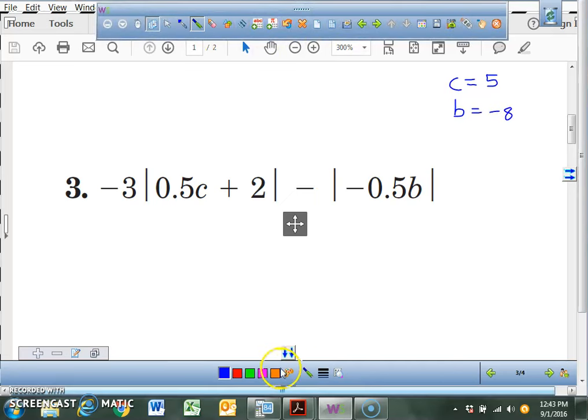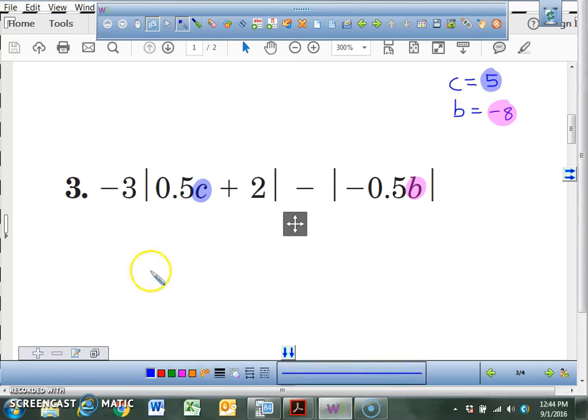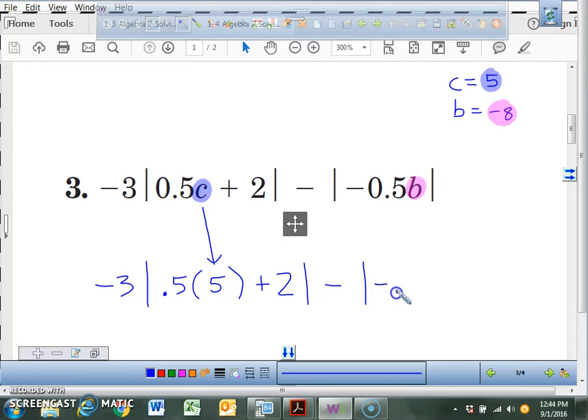Now I'm going to highlight these because, like I said, the most important thing to start a problem is plugging things in correctly. I'm going to highlight the B and the C, and now I'm going to rewrite things. I'm going to put negative 3 times 0.5, or 5/10, open up a parentheses, and for my C value, I'm going to plug in 2, close it, minus, open it, negative 0.5.